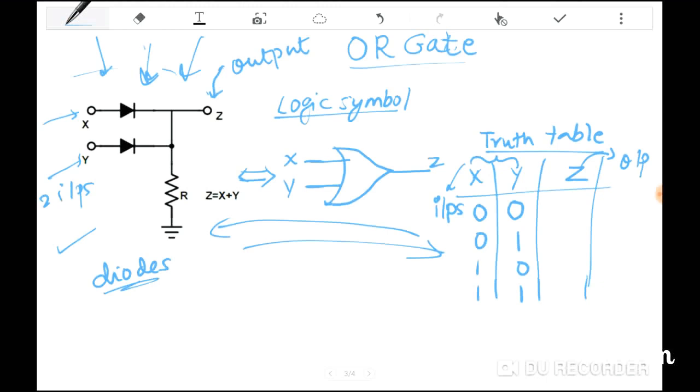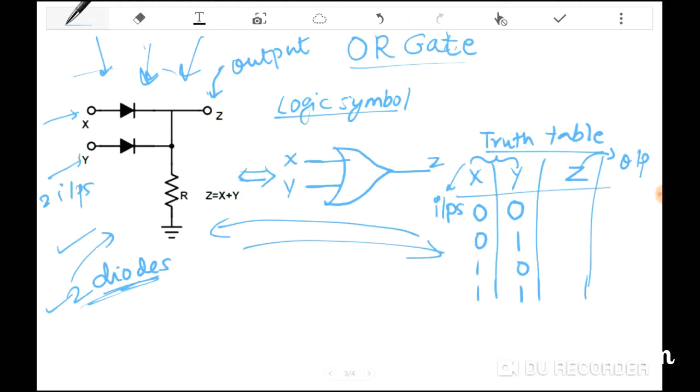The circuit design is shown here. This is the circuit design of the OR gate. This uses two diodes. As I've told you earlier, this uses two diodes on its input side.